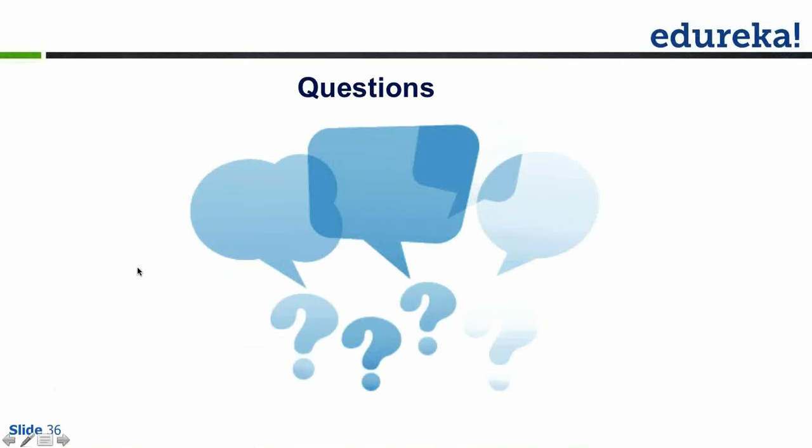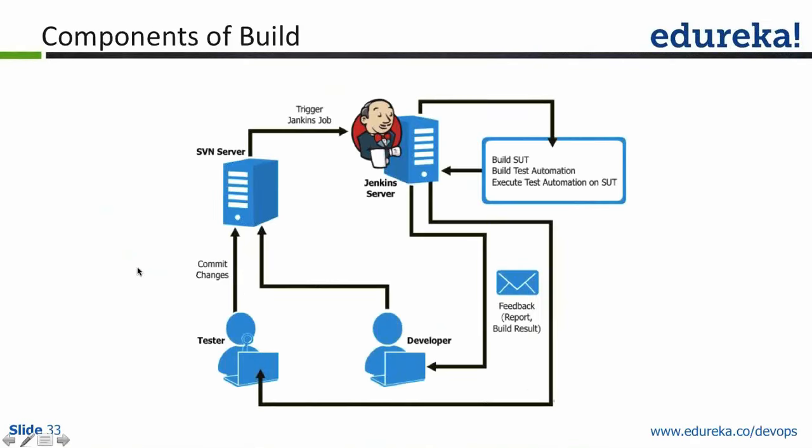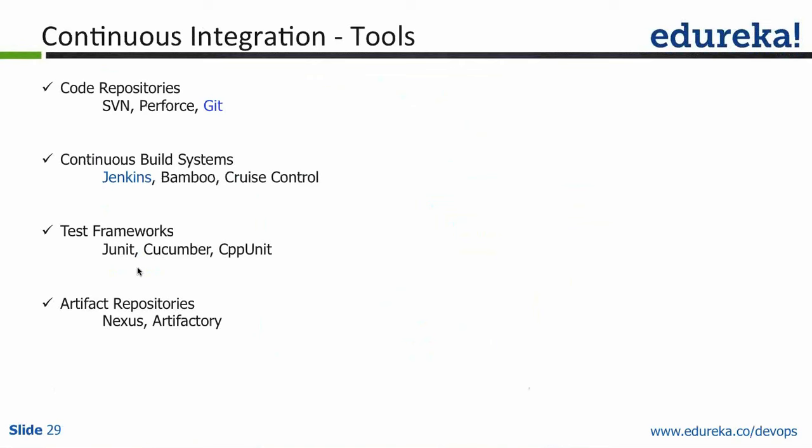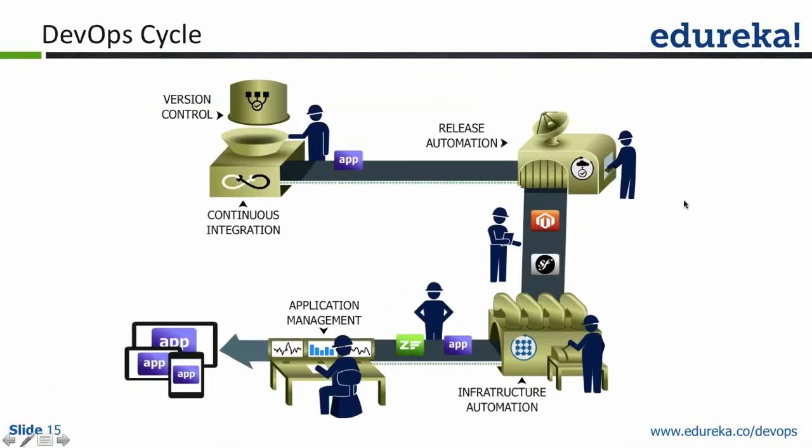Now, to answer Ashutosh's question, let me go back to slide number 15. Ashutosh, can you type your question? Okay, ZF. This is nothing but it explains the flow, that from infrastructure automation you have your application available.